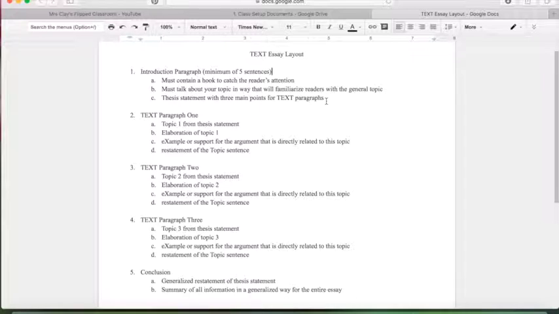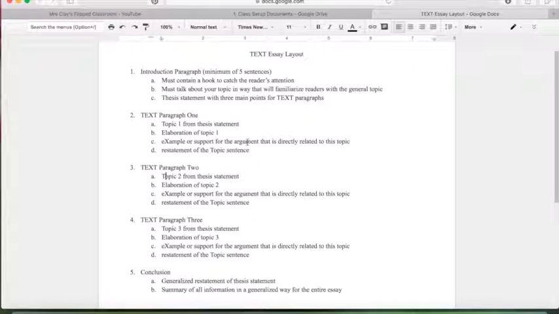So then we move on to text paragraph 1. Text paragraph 1 is going to be about dogs. Text paragraph 2 is going to be about chickens. And text paragraph 3 is going to be about cows. You don't deviate. If you list them in that order, you write about them in that order.